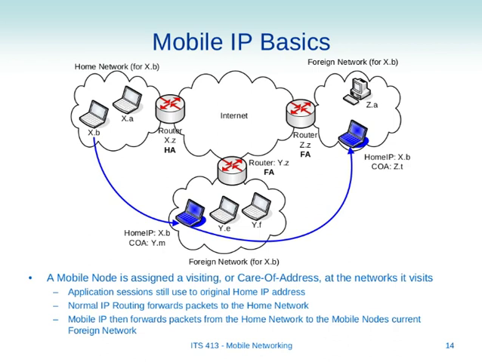So that's the concept. And if that works, we'll see how do we deliver data, let's say from z.a to x.b. When the host is at home, it's normal IP data delivery from z.a routed to x.b. When host x.b moves into a foreign network, z.a doesn't know that.